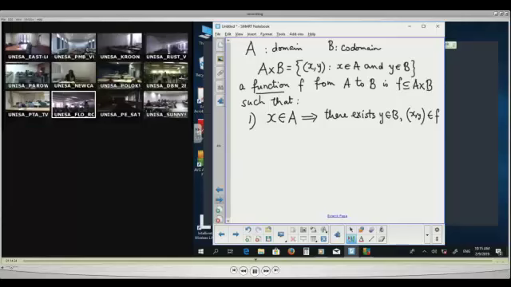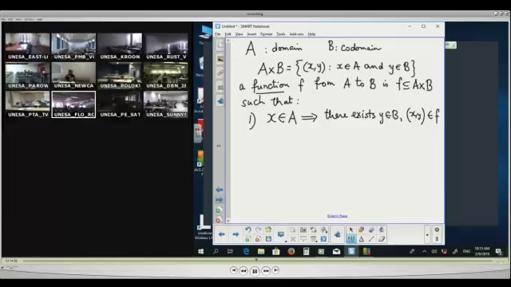So I'm taking all those pairs which are going to give me that input-output. But then the second one says that each input must give me one and only one output, right?